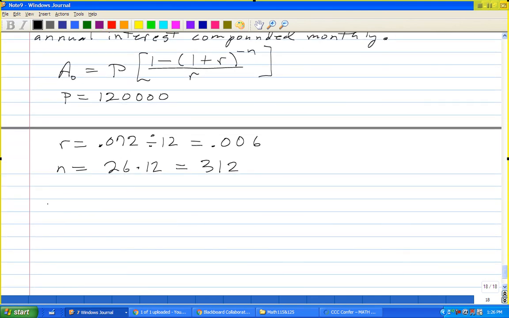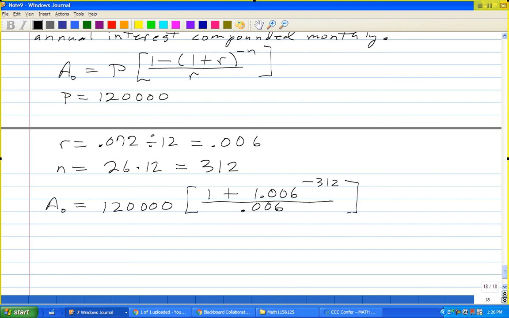So I should invest $120,000 at 1.006 for 312 months over 0.006. Okay, and that's the amount.